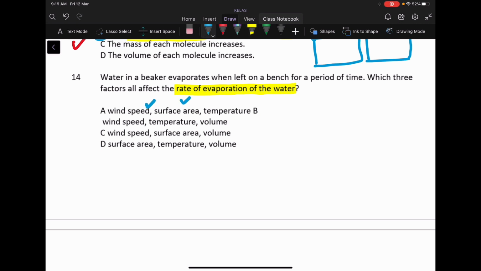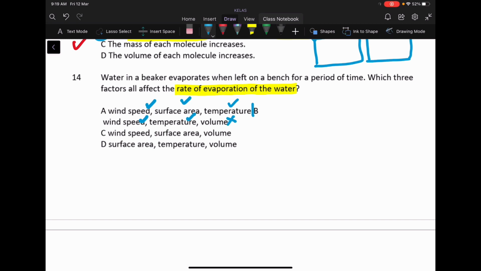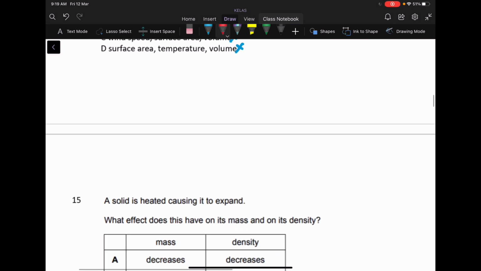Temperature, also correct. Volume has nothing to do. All the other answers have volume. So the answer is only A. Very easy. Wind speed, surface area, temperature, and the other one should be humidity.